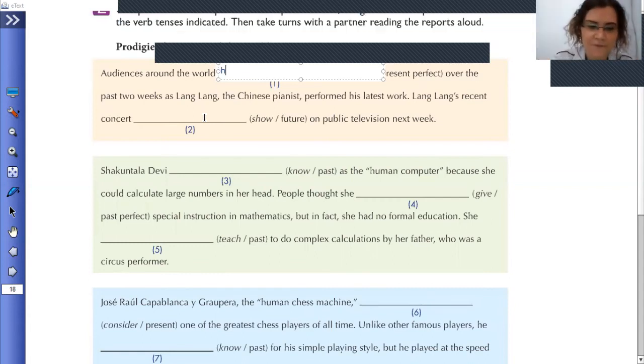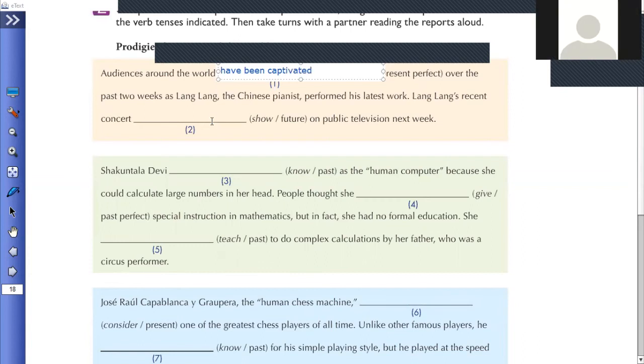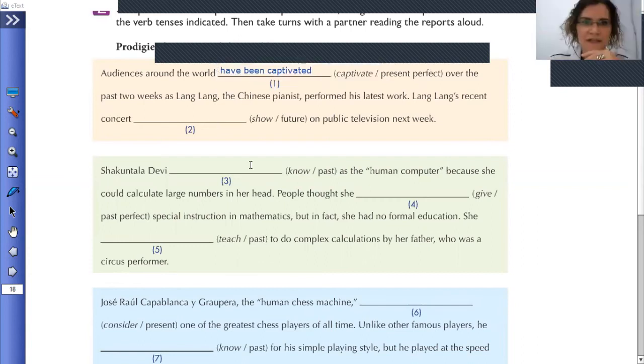Has is for singular and have is for plural. So have been captivated. Captivated, exactly. So been is for the perfect tense. The verb be for the perfect tenses is been, right?